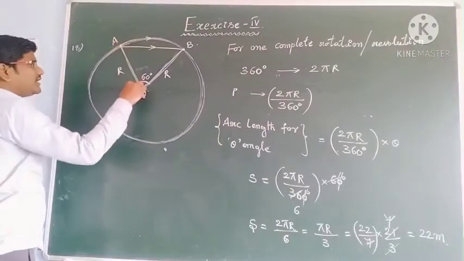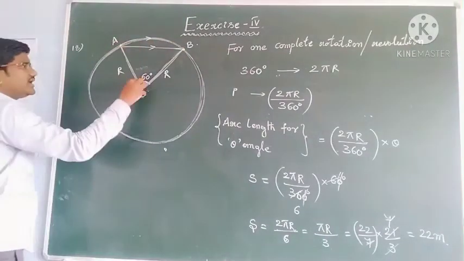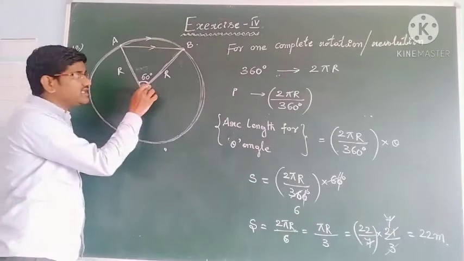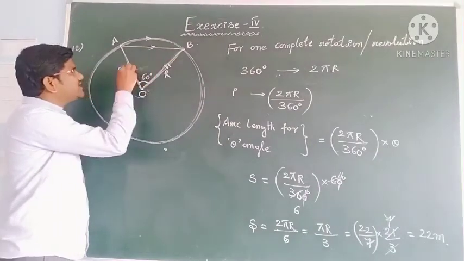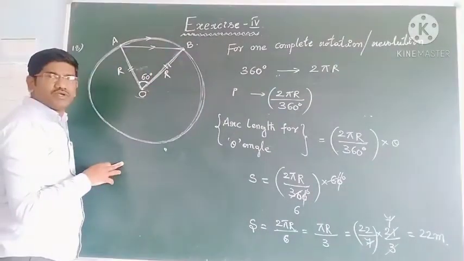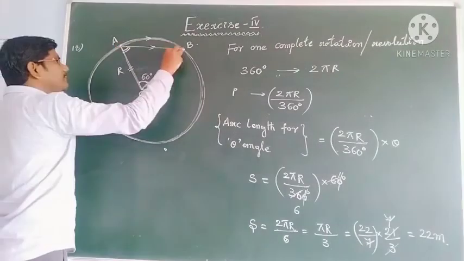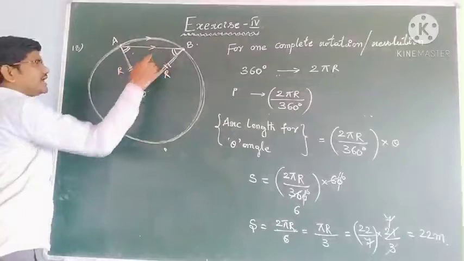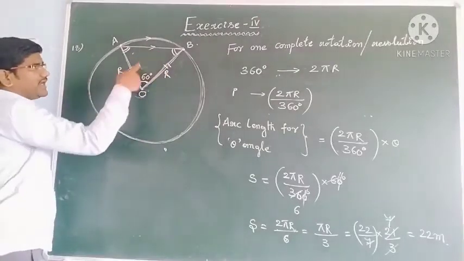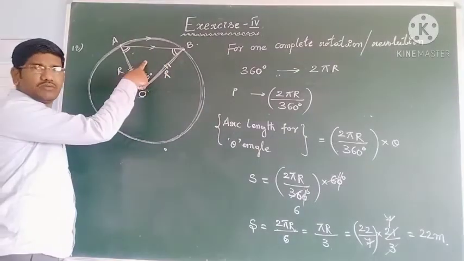So we got a triangle here. In this triangle, this angle is 60, and these two sides are equal sides. When two sides are equal, their opposite angles are also equal. So these two angles should be same, and all angles should add up to 180 degrees.